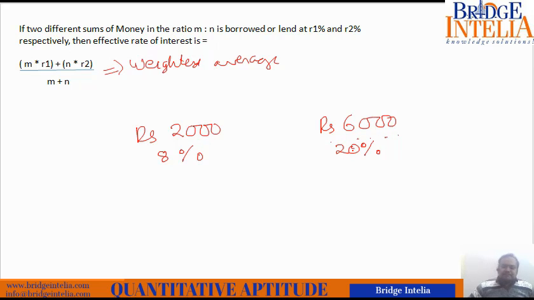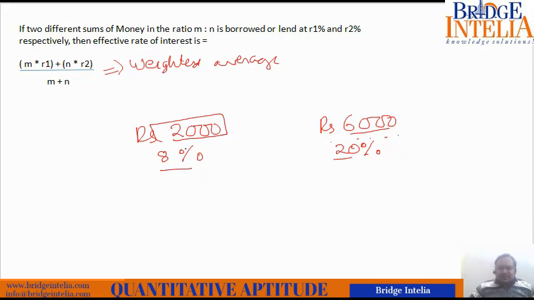So the concept is, what is the effective rate of interest? It will be somewhere between 8% and 20%. So we are trying to find the overall rate of interest. To find it, you have to first take the ratio of these two amounts. First let us use the traditional method, then you will understand why this method works.